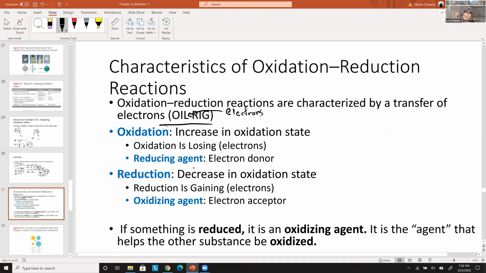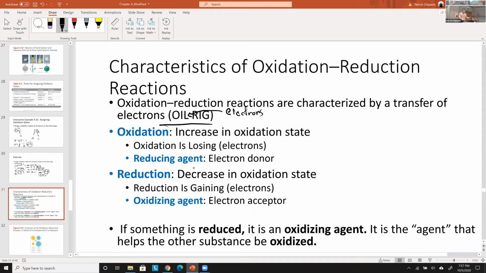So if you're losing electrons, what happens to your charge? It goes up, right? Same thing with oxidation state. The oxidation state goes up if you're being oxidized. That makes sense, right? Why would they call it oxidation state otherwise? So if you see that carbon's oxidation state went from 2 to 4, that means carbon is being oxidized in a reaction. And then something else has to be reduced.